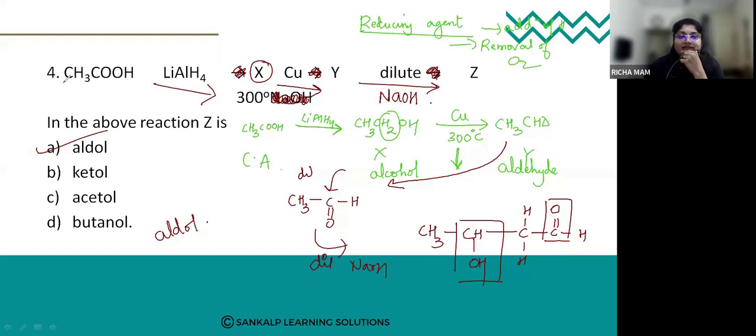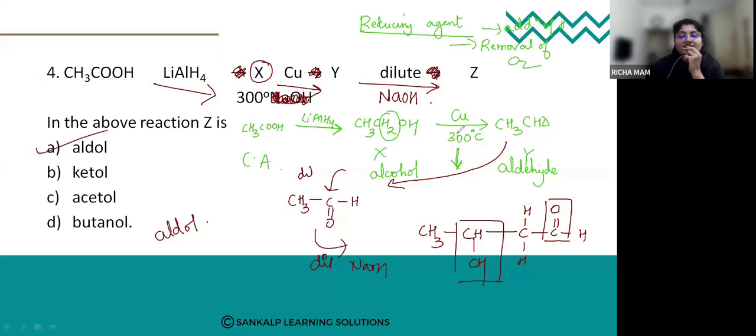So what are the steps? First we have taken acetic acid. We are reacting it with a strong reducing agent like lithium aluminum hydride. There is addition of hydrogen and removal of oxygen, and it results in an alcohol, which is X. This alcohol, further, I am treating with copper at 300 degrees Celsius.